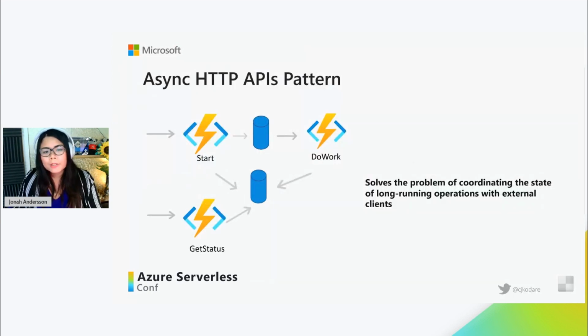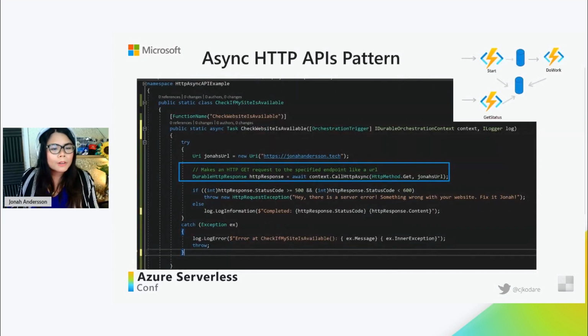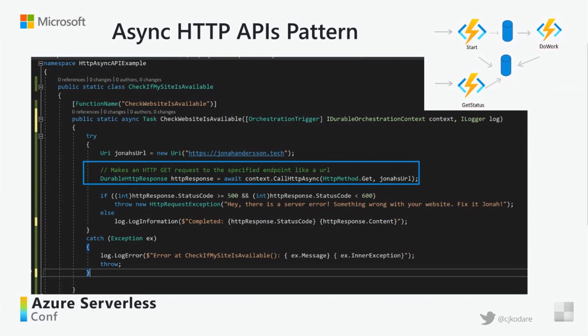And the third pattern is the async HTTP API pattern, which is very common and useful when you want to solve problems in stateful long-running operations, especially with external clients. So here is an example. I hope the screen is okay. It should be white, but anyway, I have a function here called check if website is available. It's in .NET since I'm a .NET developer.